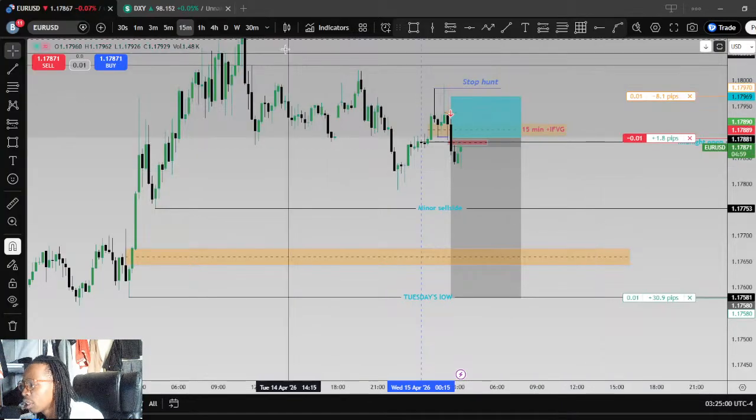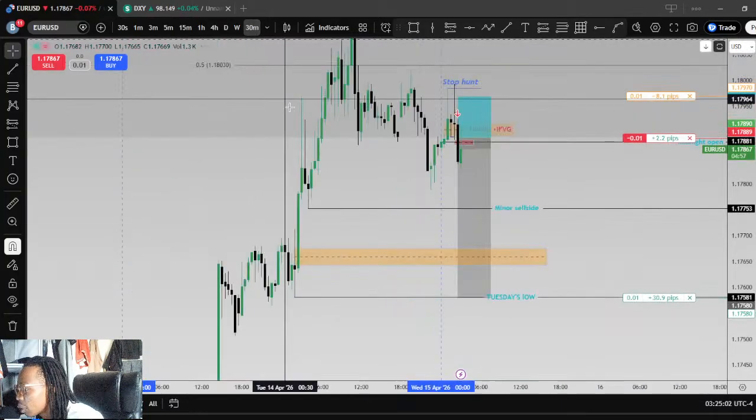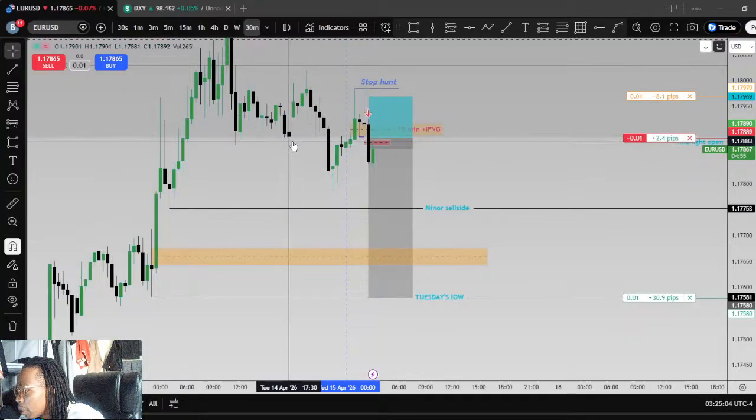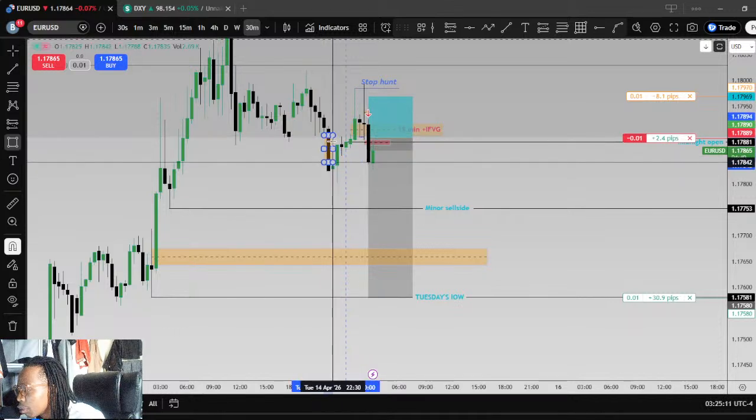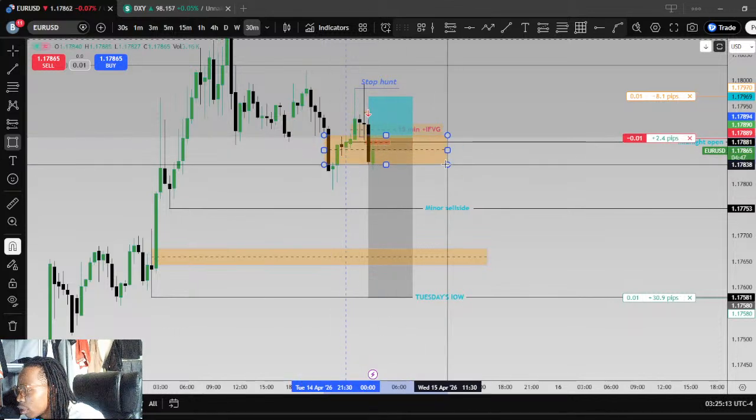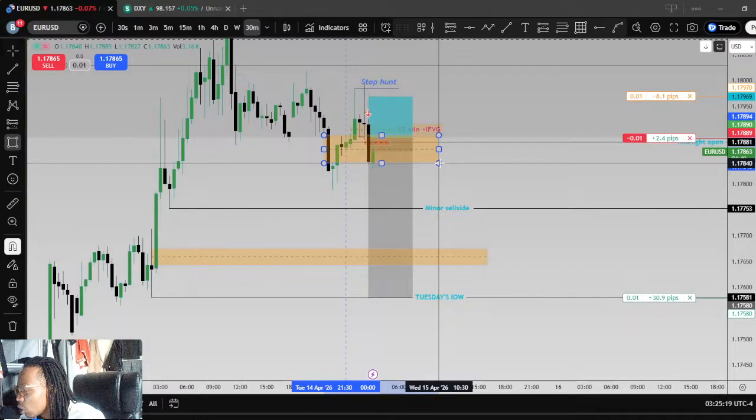Let us factor in some high time frame back end. So we're having these 30 minutes. I don't want to make my chart messy. I'm just looking to see.